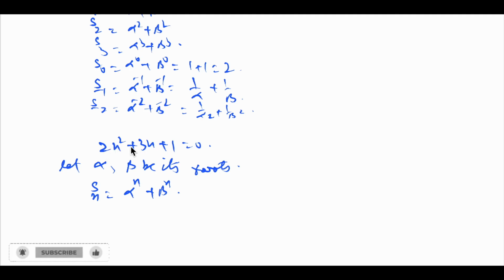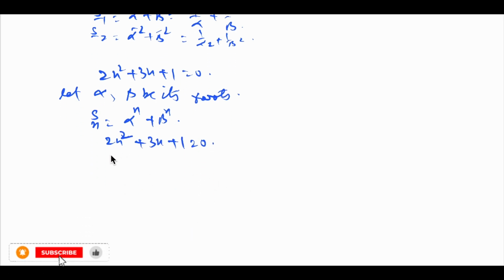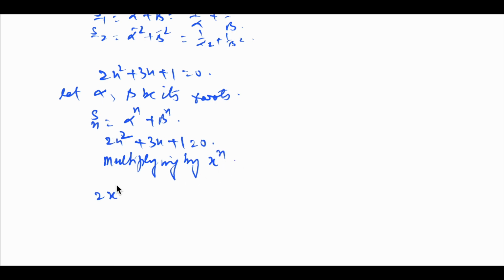I am taking this equation, 2x square plus 3x plus 1 is equal to 0, and multiplying by x power n. This becomes 2x power n plus 2 plus 3x power n plus 1 plus x power n is equal to 0.